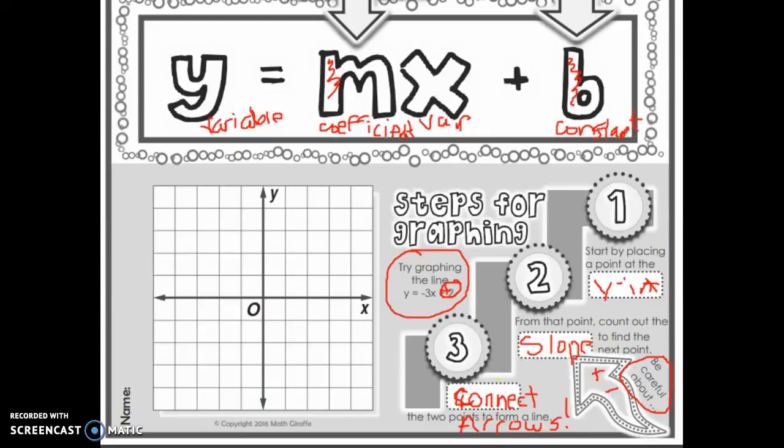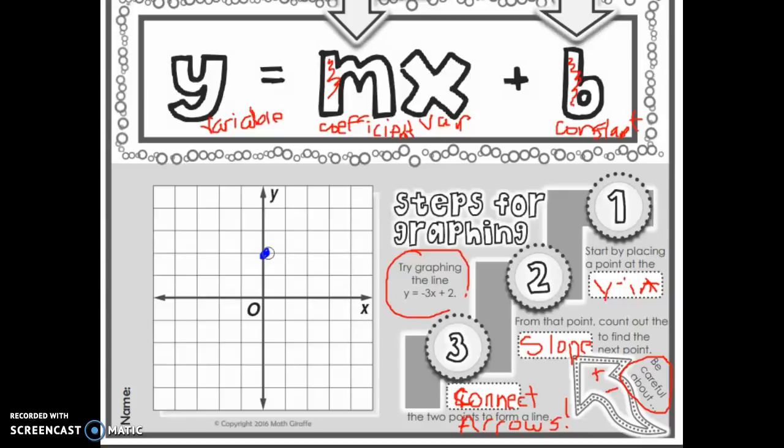Let me start again. Find 2 on the y-axis. It's up 1, 2. Here's my first point.